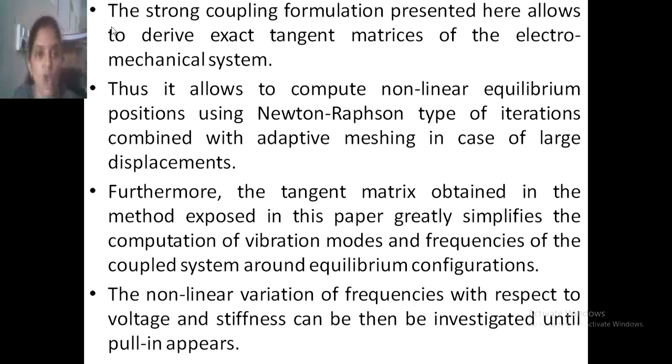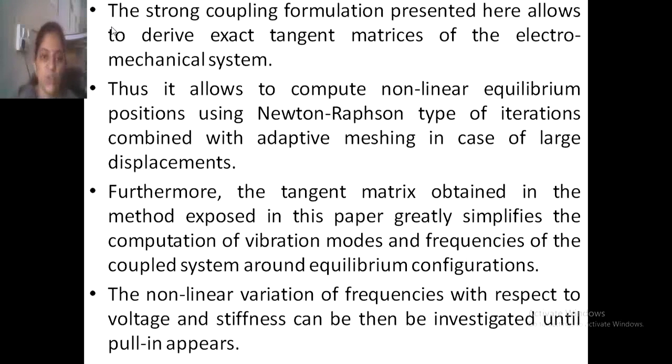So, the strong coupling formulation presented here allows us to derive exact tangent matrices of the electromechanical system. As we discussed, there is an electro and mechanical coupling.